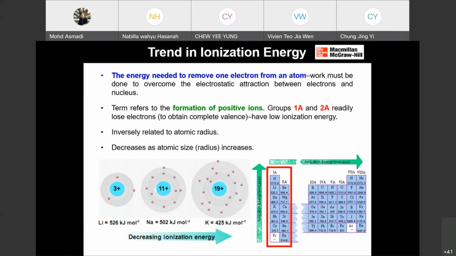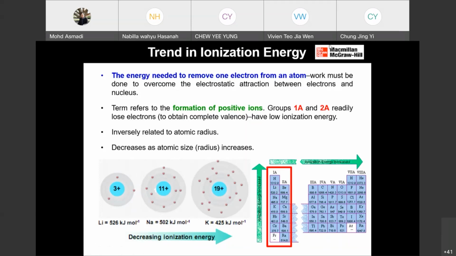From top to bottom, ionization energy will decrease.